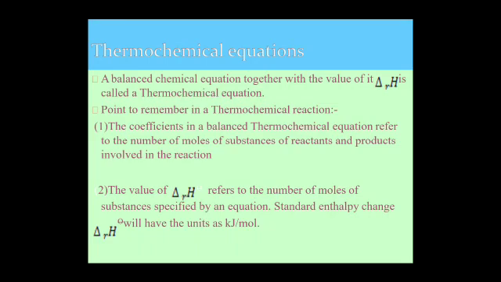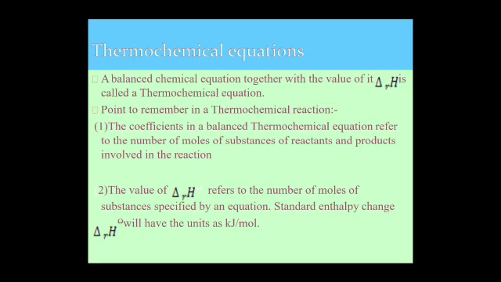Thermochemical equation. What rules do we follow when writing the thermochemical equation? First of all, it should be a balanced reaction, products and reactants. A balanced chemical equation together with the value of delta rH is called the thermochemical equation.